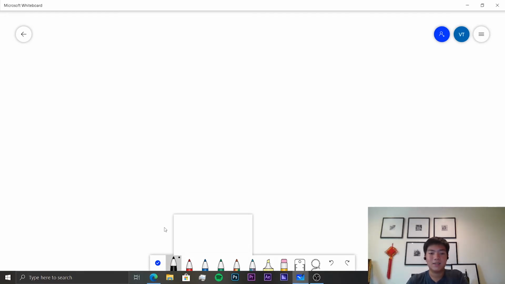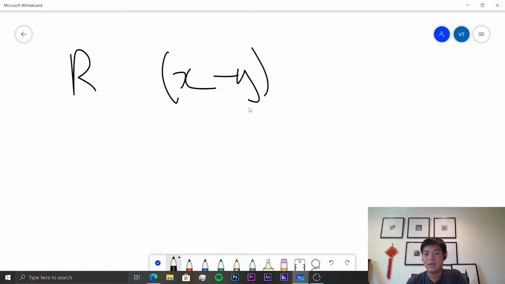First we have to go a bit bigger and say what a relation is. A relation is a set of ordered pairs, x and y, where x is part of a set, y is part of a set, and they are not empty sets.